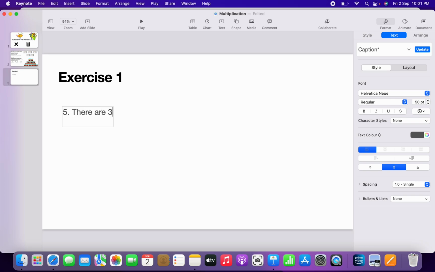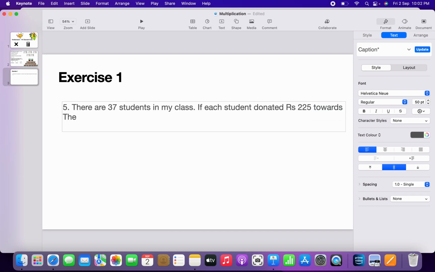There are 37 students in my class. If each student donated rupees 225 towards the earthquake foundation, how much money did my class donate in all?